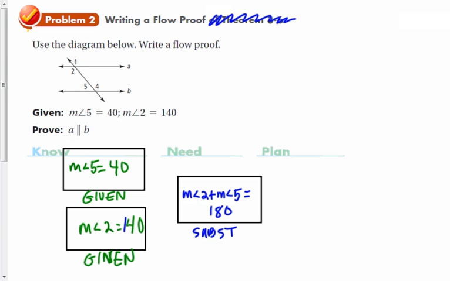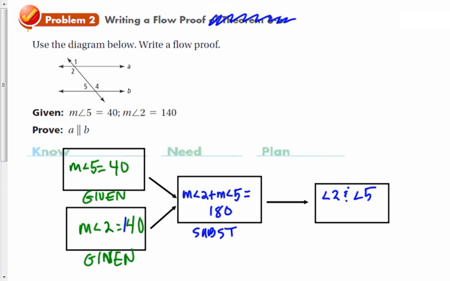Now, as a full proof, we're going to have arrows going to, so we're bringing those two things together to form that idea. So now we have that, and from that we can say that by the definition of supplementary angles, angle 2 and angle 5 are supplementary, and that's just the definition of supplementary.